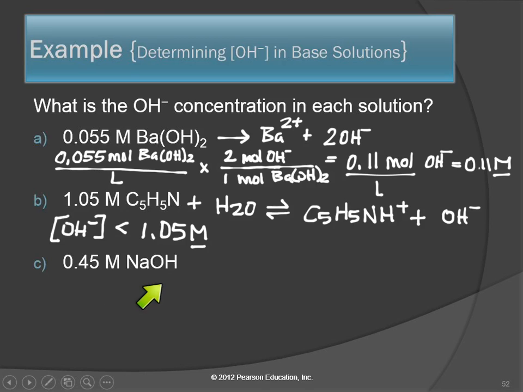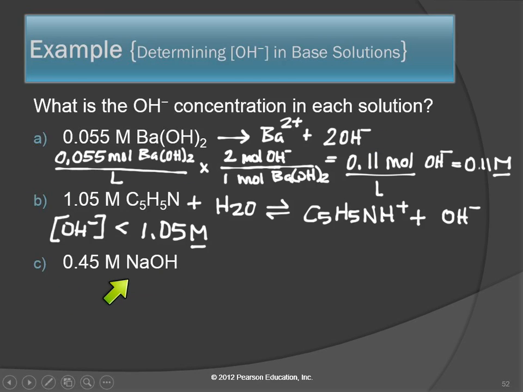Sodium hydroxide, strong base, weak base? Strong base. So we're just going to say that metal hydroxides are strong bases. Anything else that's a base is a weak base. So for a strong base, this one, we did all this work and thinking. Let's just look at this.